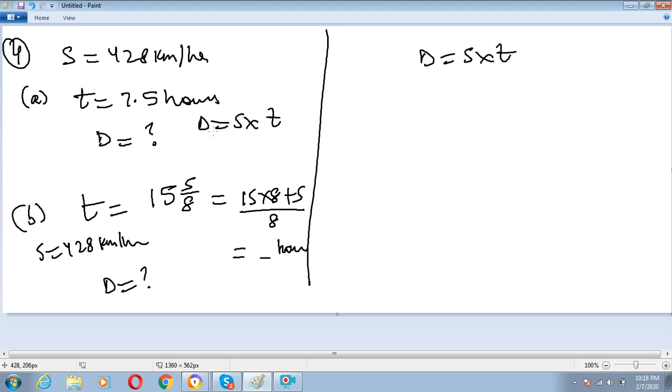I did the B part, which was 15 times 8 plus 5 equals 125, so 125 by 8.